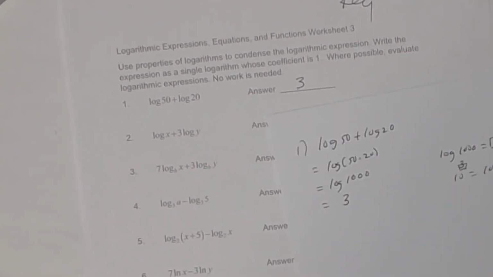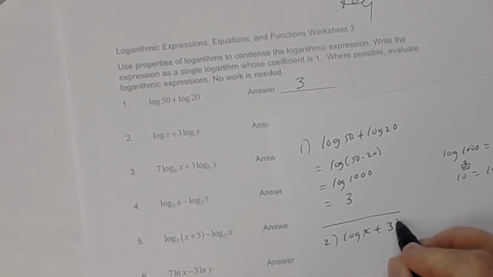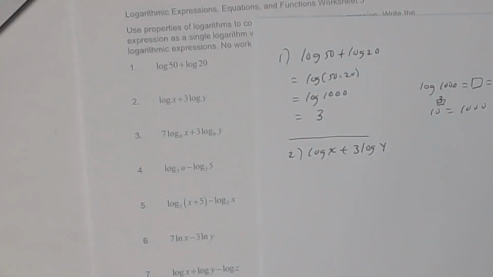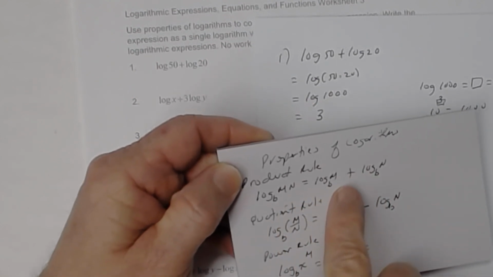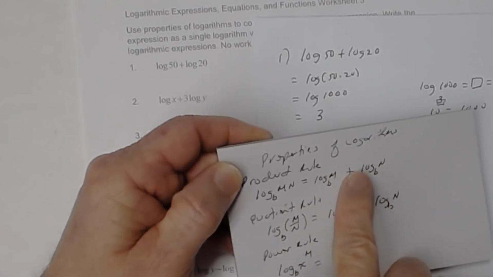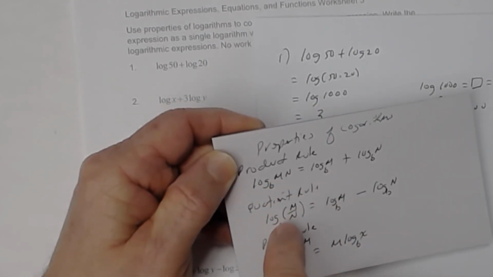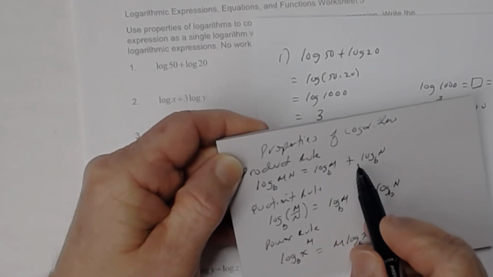Okay, number 2, you have the log of x plus 3 times the log of y. Now you have to remember this situation. In order to write this sum or this difference as one logarithm, those coefficients have to be 1.